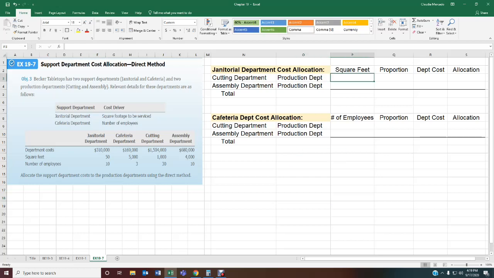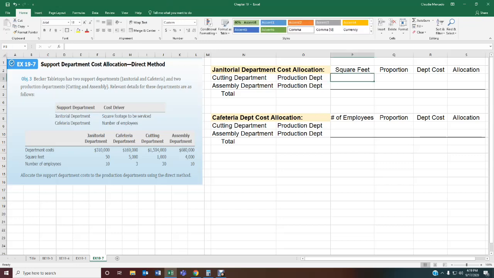The first one, the janitorial department. It says here that the janitorial department costs are allocated based on square footage. So we're going to figure out our square footage for the production departments, which is my cutting and my assembly. For the cutting, I have 1,000. For the assembly, I've got 4,000.